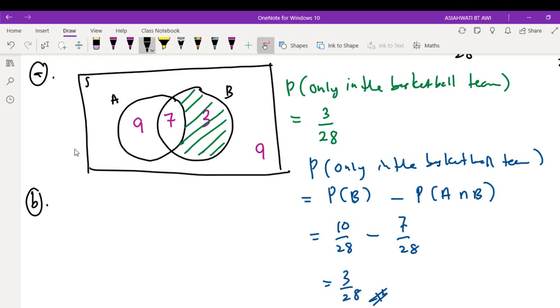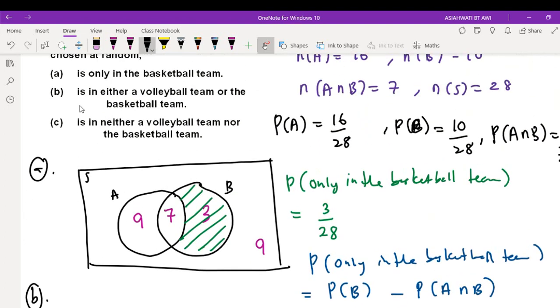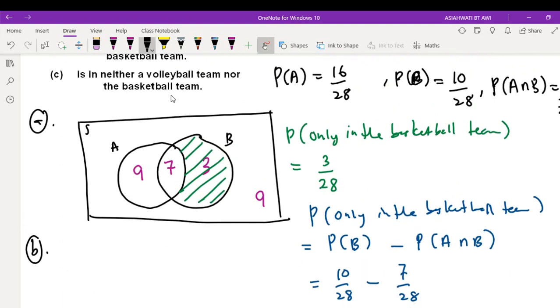Part B: in either the volleyball team or the basketball team.